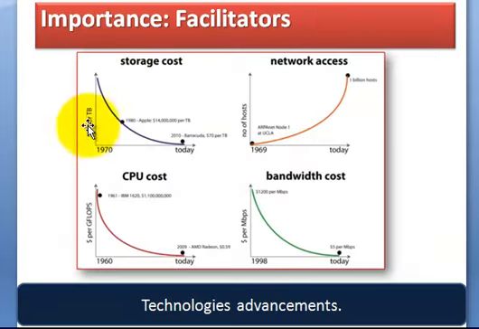Now, fortunately for us, over the last 20, 30 years, we've had some things that have gone in our favor to be able to handle all this volume of data. First of all, our storage costs have come way, way down. Our access to networks has gone way, way up. Our CPU costs have gone way down, and our bandwidth costs have gone way down.